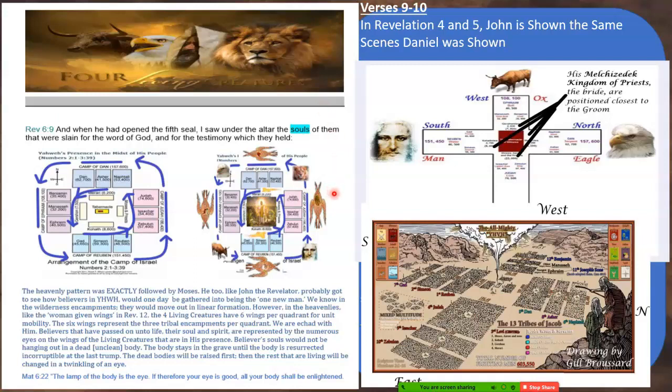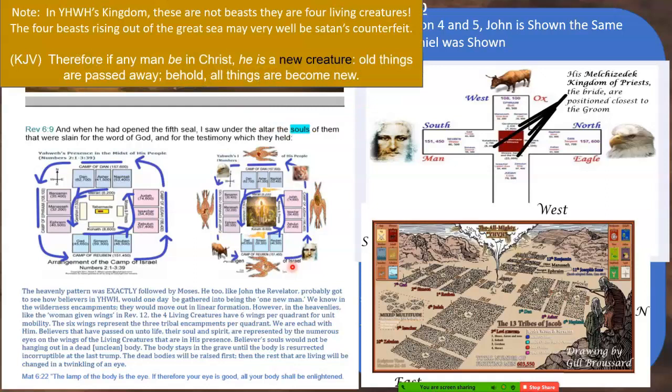These are living creatures. And so with the lead banner behind each. So in Yahweh's kingdom, these are not beasts. They are 4 living creatures. The 4 beasts rising out of the great sea may very well be Satan's counterfeit.